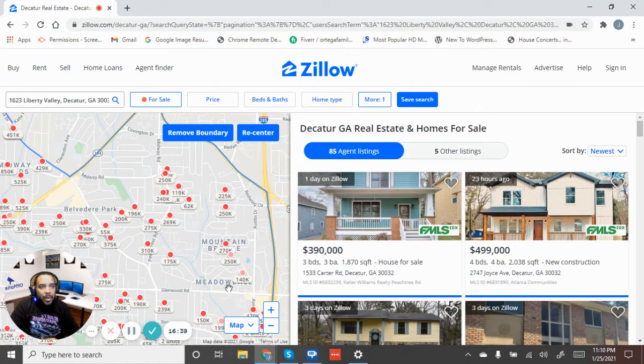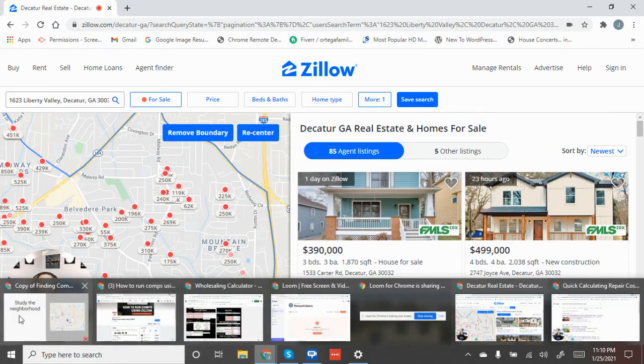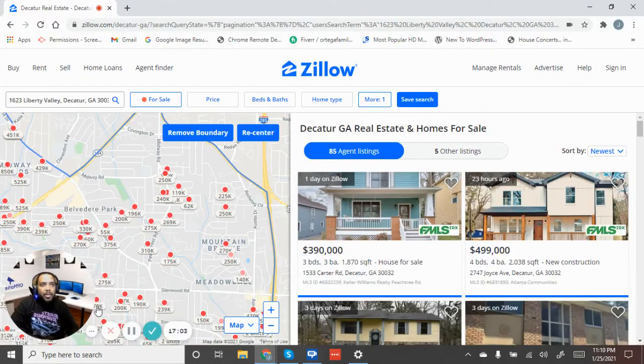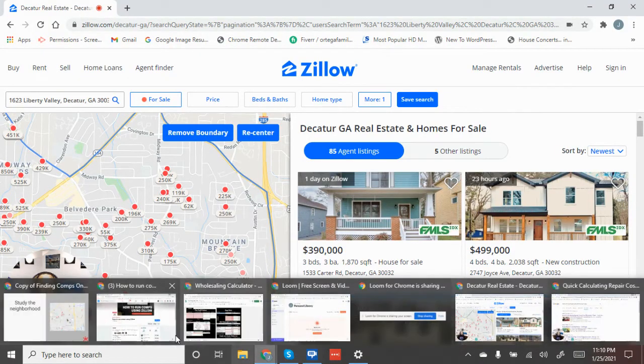These bigger streets right here may be 2, 3 lane highways, so we don't want to go across those either. We want to stay in the same neighborhood. Like I said, we're going to stay tight and work our way out in the neighborhood. So let's go back to the presentation and see what our next step is. One second.